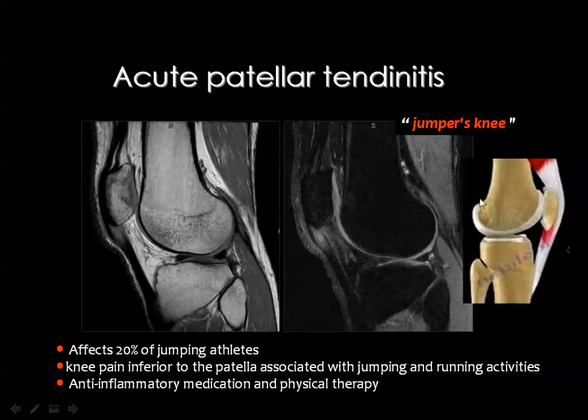Abnormal signal, which may be considered as intermediate signal in the infrapatellar tendon, which is usually seen near its attachment to the patella, means that there is acute patellar tendonitis, and this is known frequently as jumper's knee because of its relation to jumping sports. And this is a diagram showing the common site of abnormal signal within the patellar tendon, indicating patellar tendonitis.